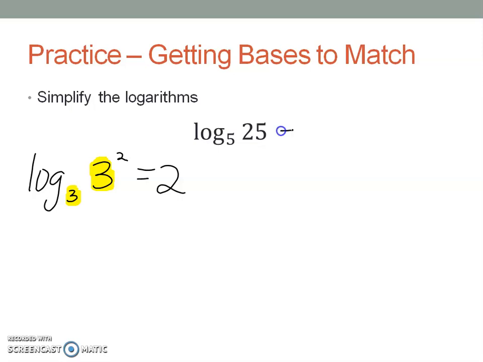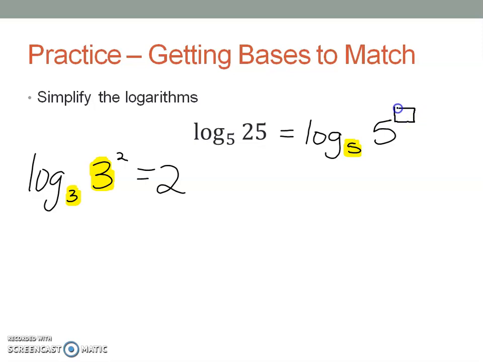Okay? So when I do this, you're going to start out by showing this step. Since this is a base of 5 here for my logarithm, I know that I need a 5 here so that they can cancel.